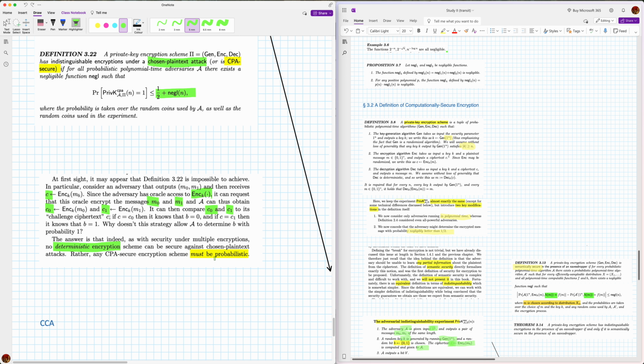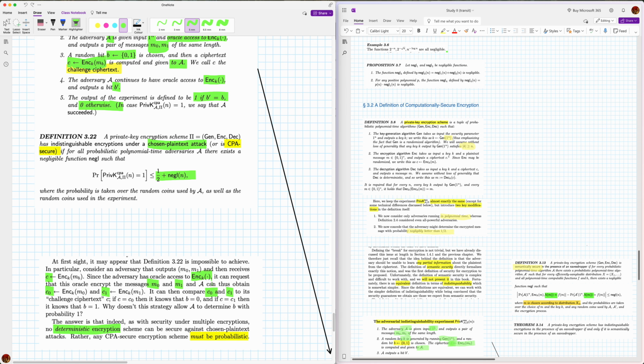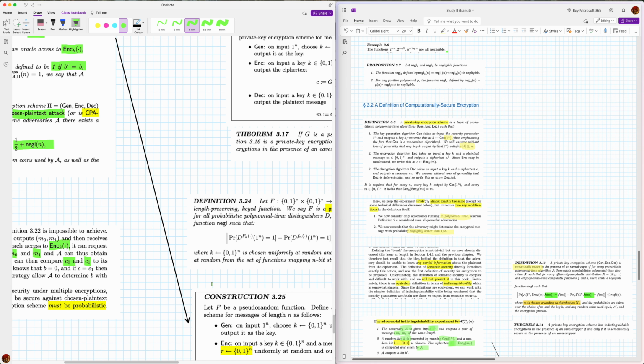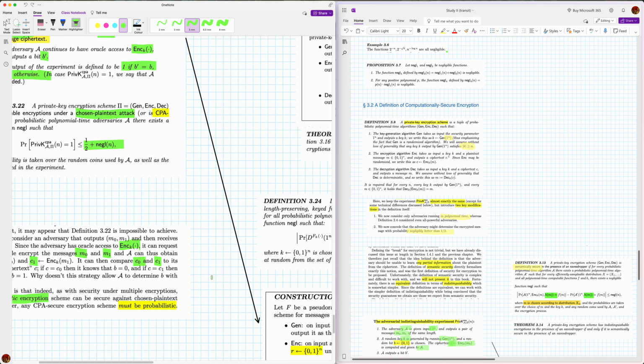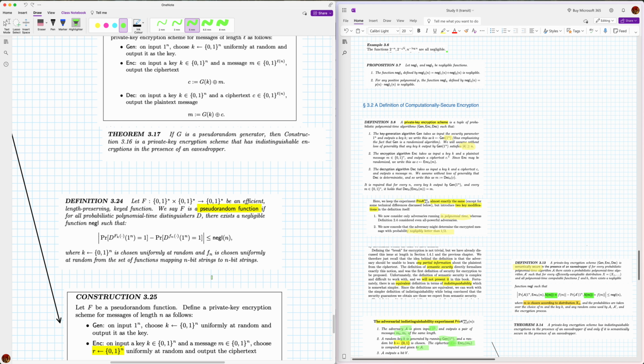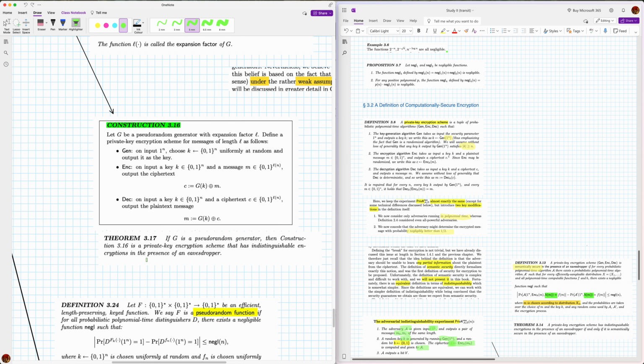It has to be probabilistic. Every time you run Enc, it will produce a potentially different ciphertext, or let's say with very large probability a different ciphertext. Good. How do you construct such a scheme?